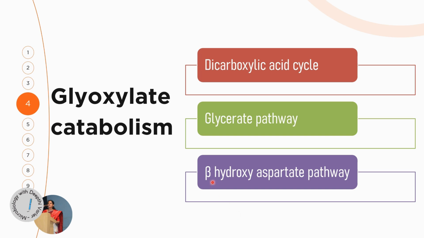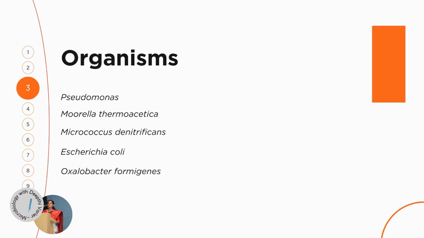So we'll see briefly what each of these pathways mean and how they are going to help us break down the glyoxylate. Now, the organisms which carry out this glyoxylate catabolism, or which have the ability to utilize or assimilate glyoxylate or the 2-carbon compounds, are listed over here. Not all of them follow all the cycles. For example, we have Pseudomonas. Pseudomonas is known to show the aerobic form of the glycerate pathway.